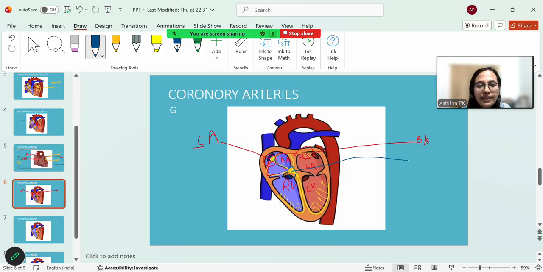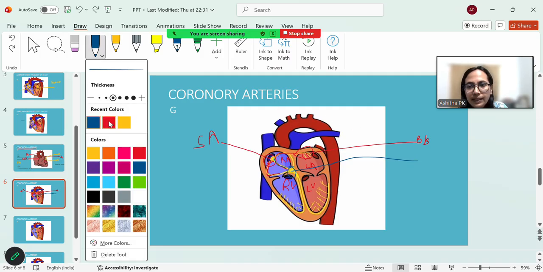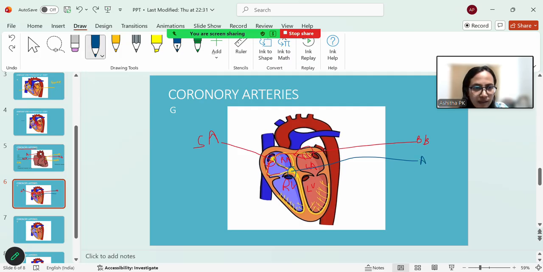From the AV node, the impulse passes through a specialized pathway known as the bundle of His.